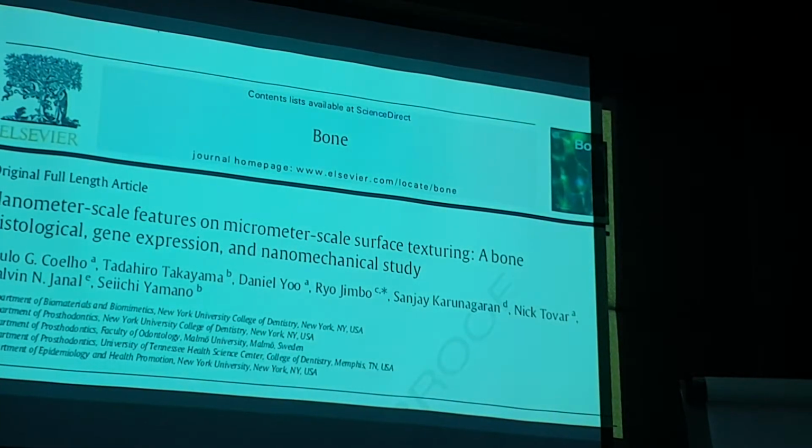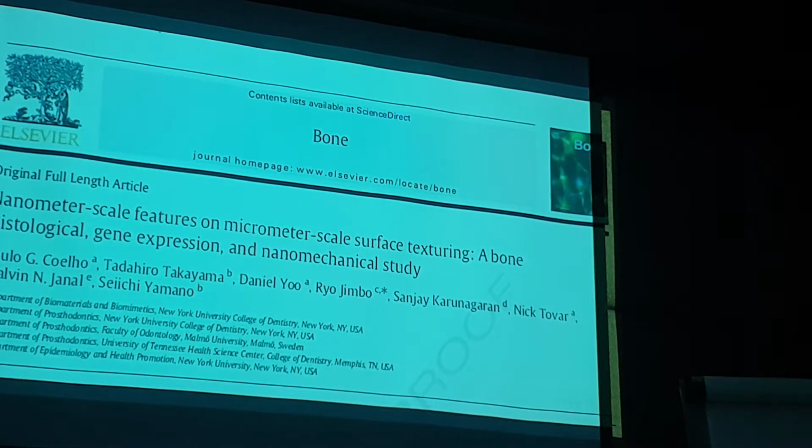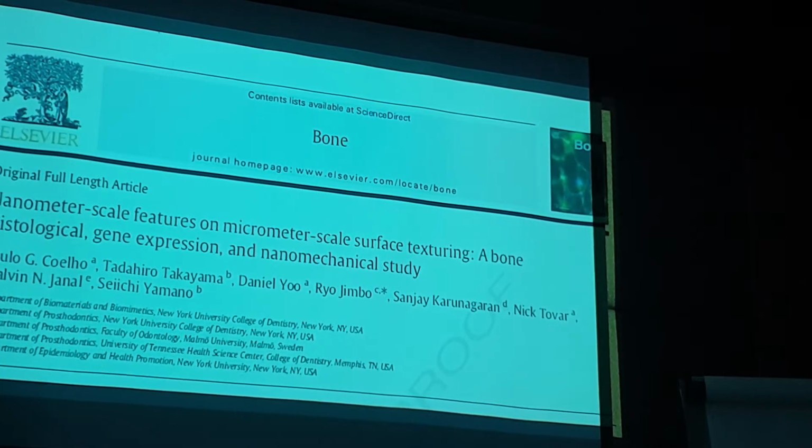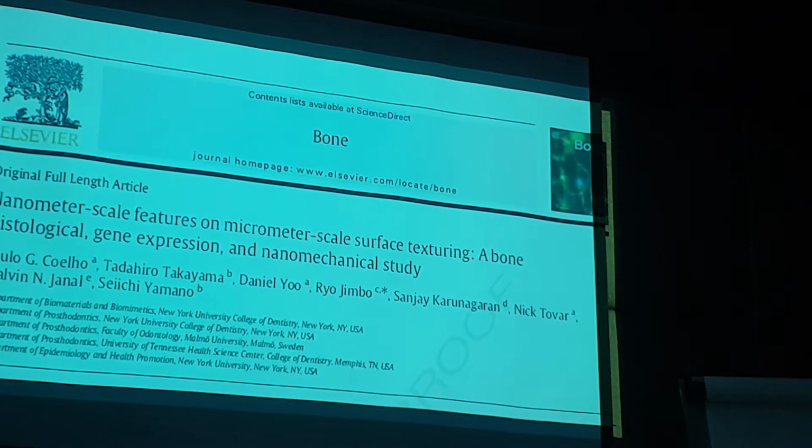And then we can go even further. We can do micro DNA analyses of these. We can look at all of the pathways involved in bone growth. This was a study that was published by my good friend Paulo Coelho at New York University Department of Biomaterials and Biomimetics in New York.